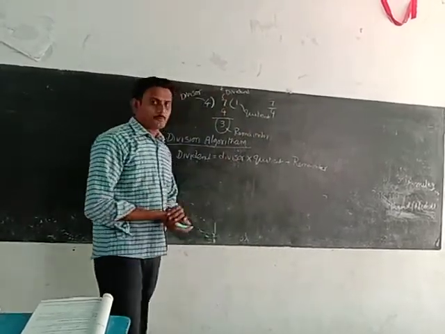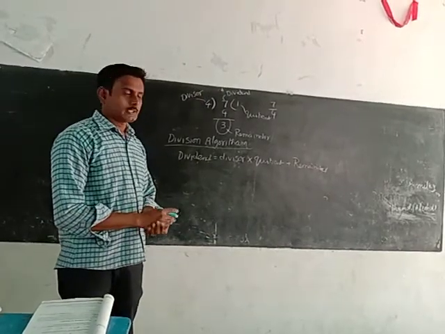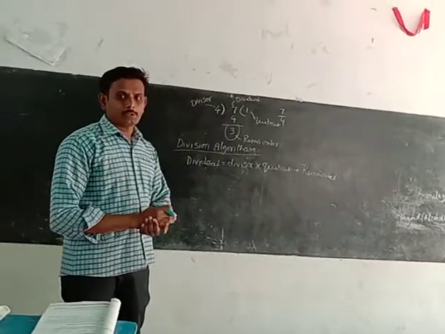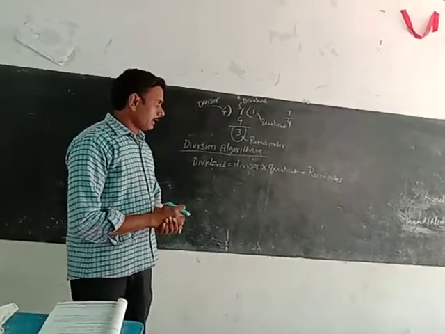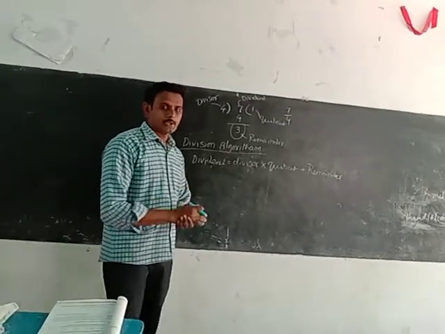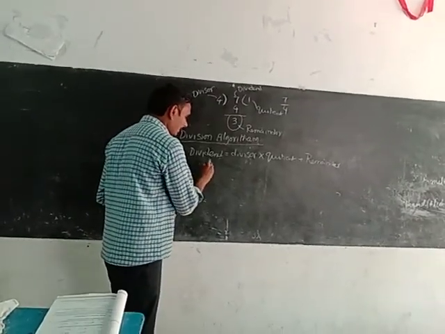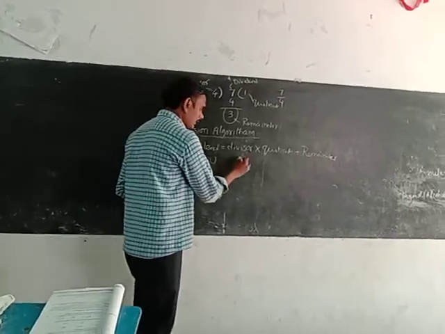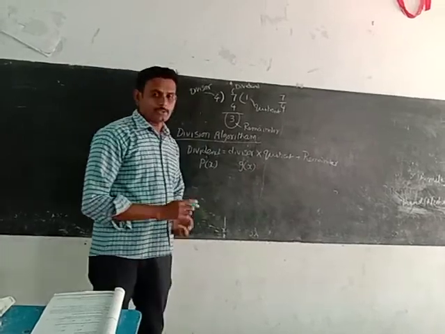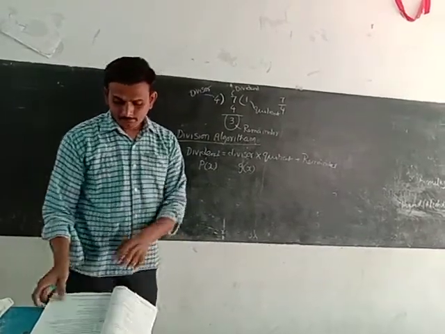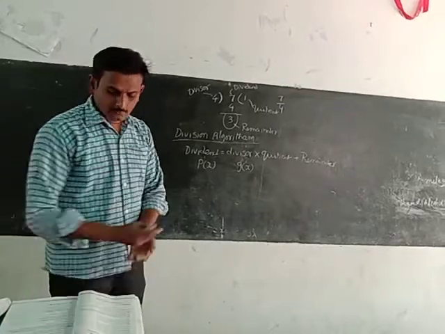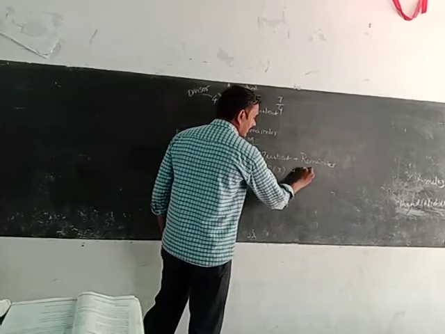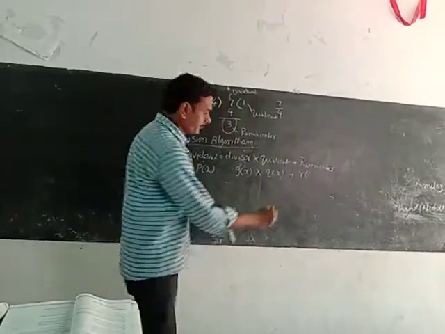But if you go for polynomial division, we will discuss expression-type polynomials, that means variable-related ones. Whenever you take polynomials in variable x, we can take the dividend as p of x, the divisor as g of x, the quotient as q of x, and the remainder as r of x.